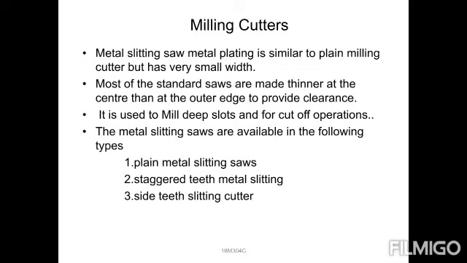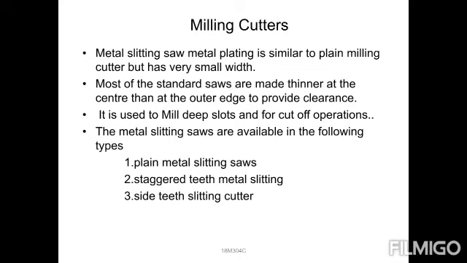The metal slitting saws are available in the following types: plain metal slitting saw, staggered teeth metal slitting saw, and third, the side teeth metal slitting saw. Finally, these three are used for cutting off or parting metal, dividing it into two parts.